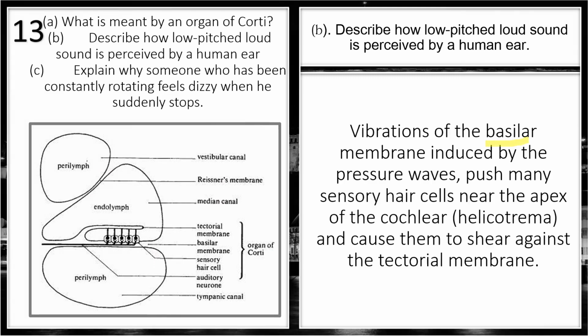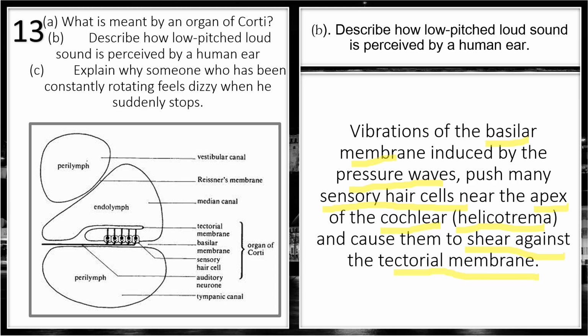Vibration of the basilar membrane induced by the pressure wave pushes many sensory hair cells near the apex of the cochlea, the helicotrema, causing them to shear against the tectorial membrane.